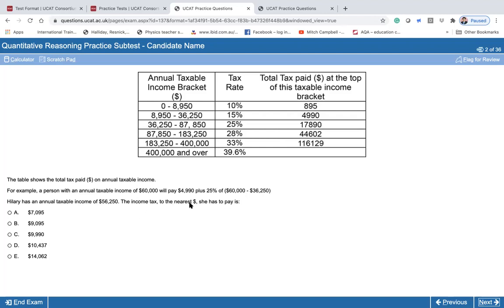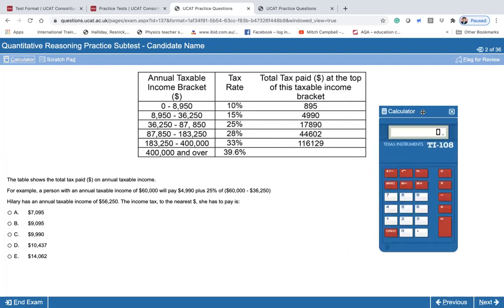So the income tax to the nearest dollar. You see 56,250. If you find out how much it is greater than 36,250, that is going to be 20,000. So she will have to pay 25% of 20,000. 0.25 of 20,000 comes out to be 5,000.